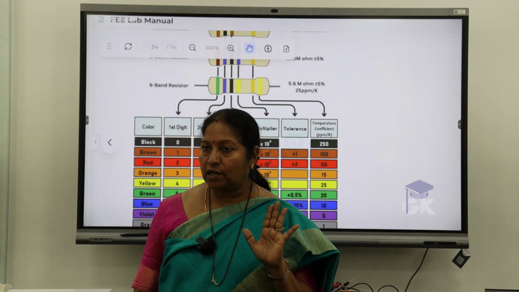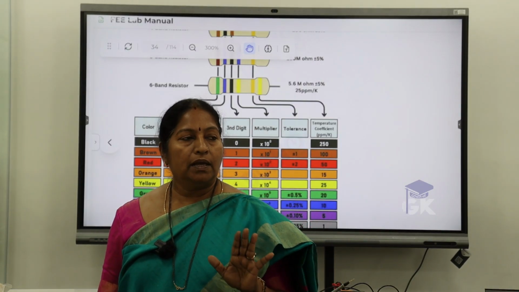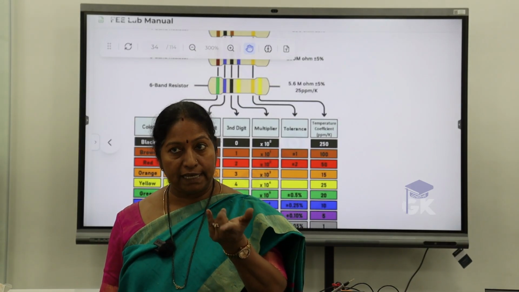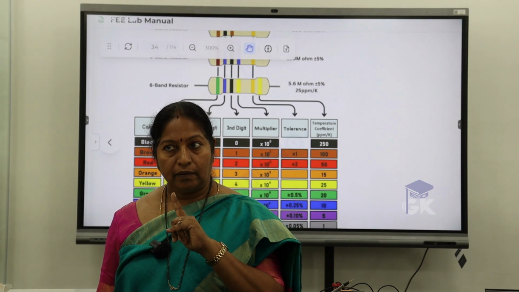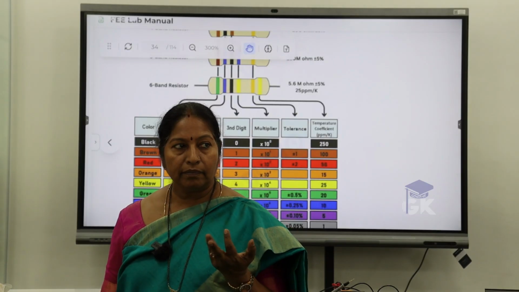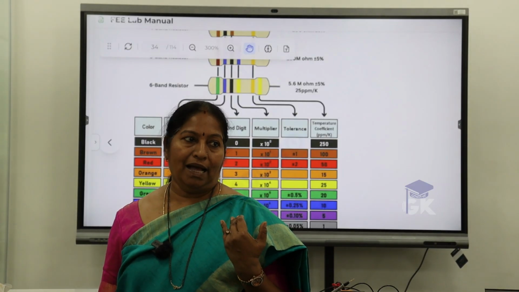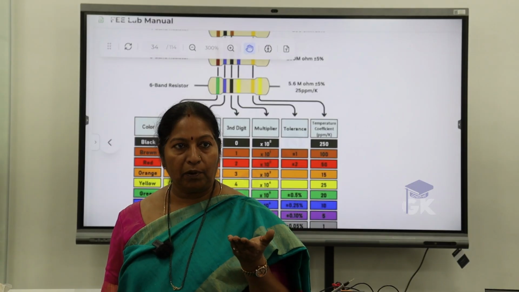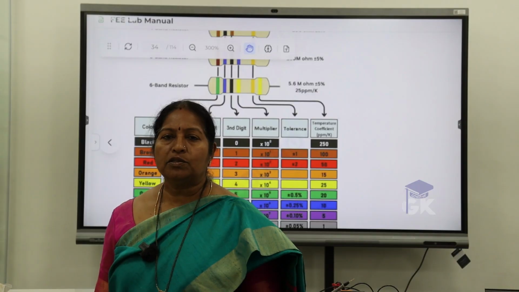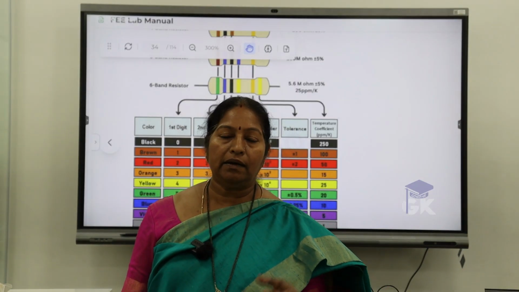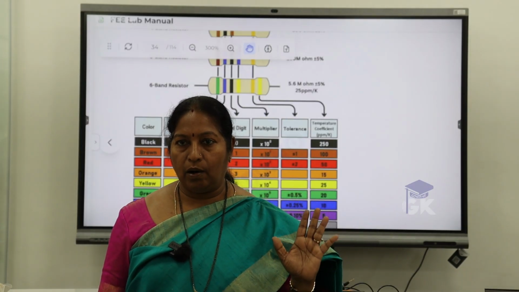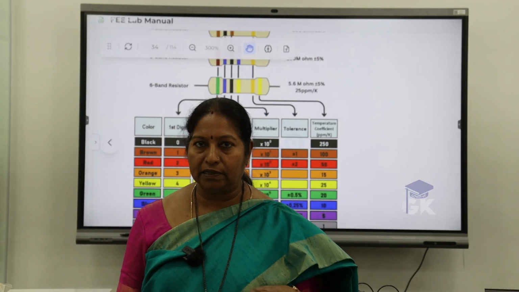The next higher value is mega ohms, that is 10 to the power of 6. Mega represents 10 to the power of 6. Then the higher value is giga, which is 10 to the power of 9. Like this it keeps on increasing. Normally for resistors we use kilo ohms or mega ohms, so we represent values like 1000 mega ohms or 10,000 mega ohms.